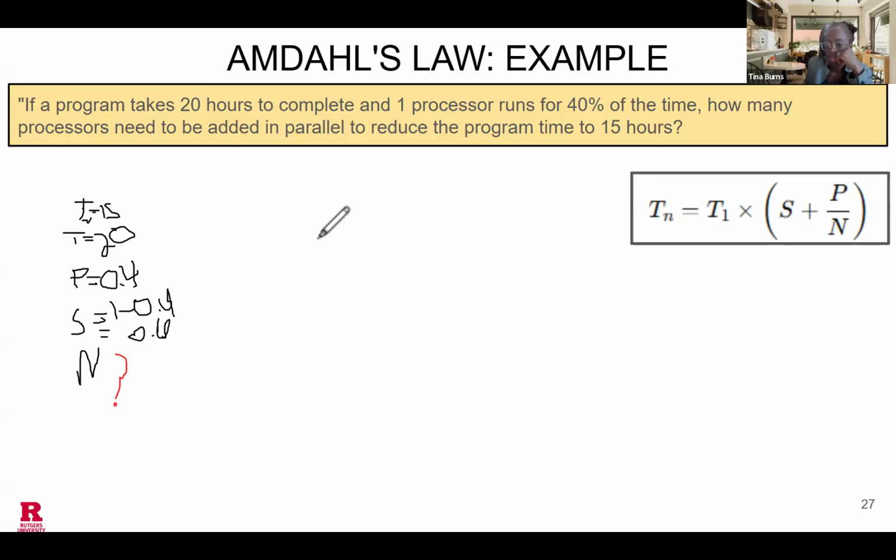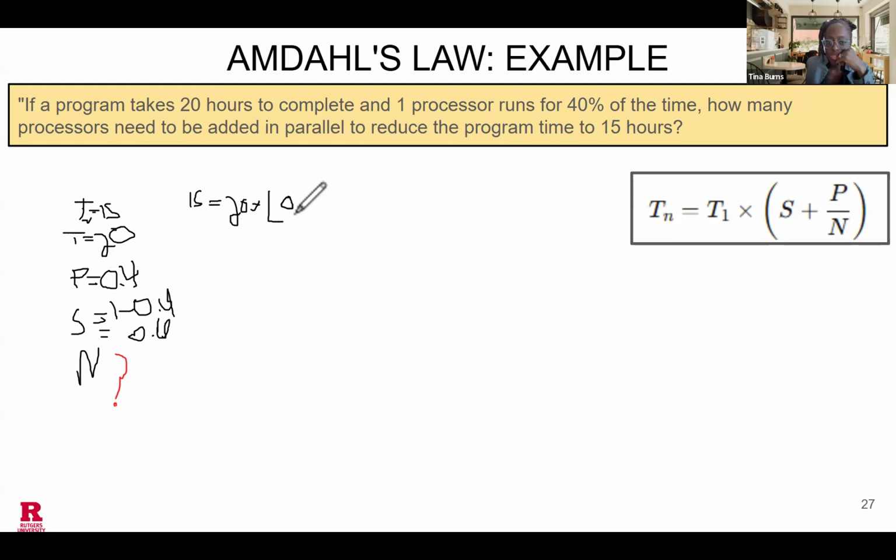I already said this is 20. Oh, I'm sorry, that's actually not 20. That is 15. 15 is my goal, and that's going to be equal to 20, which is my original time, times my serial portion.